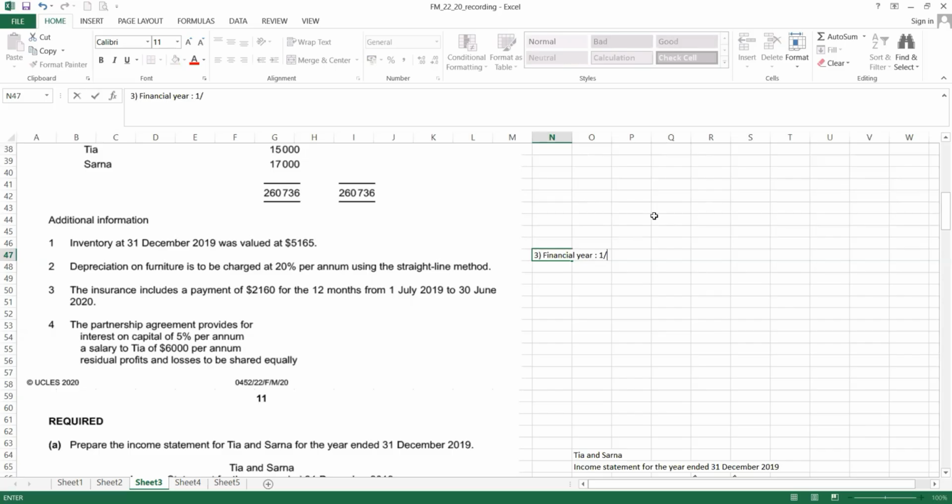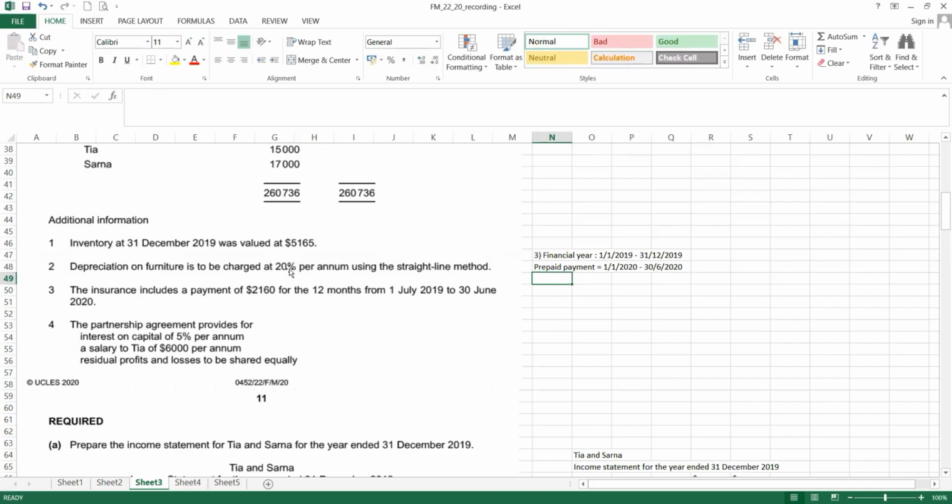Our financial year is from the 1st Jan 2019 to 31st December 2019. But this payment covers from the 1st July. That means we have the prepayment for the period 1st Jan 2020 to 30th June 2020.